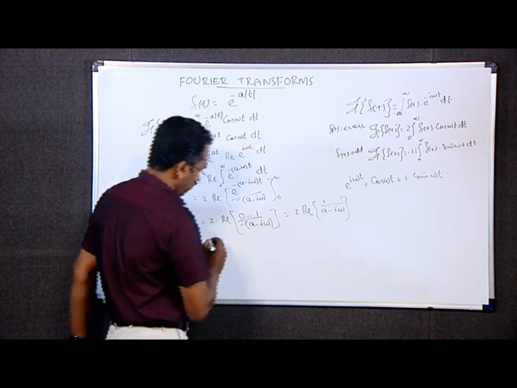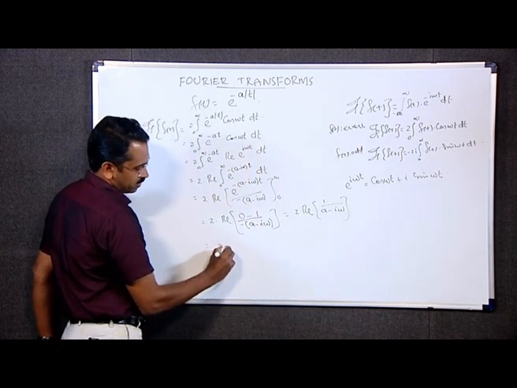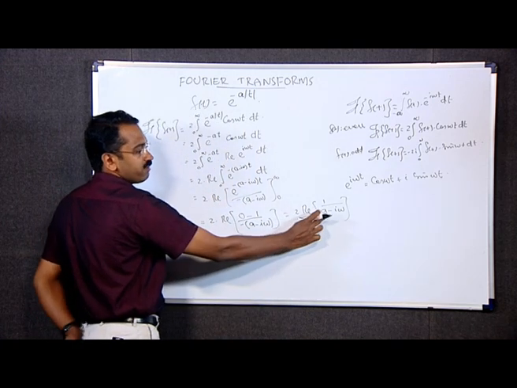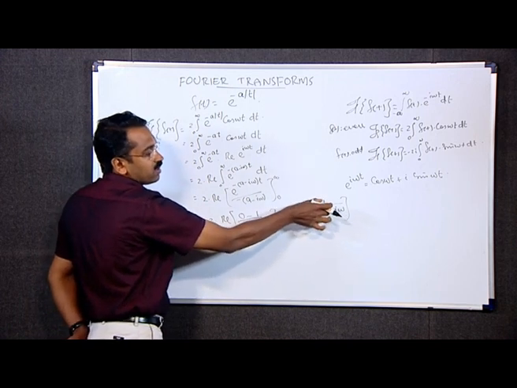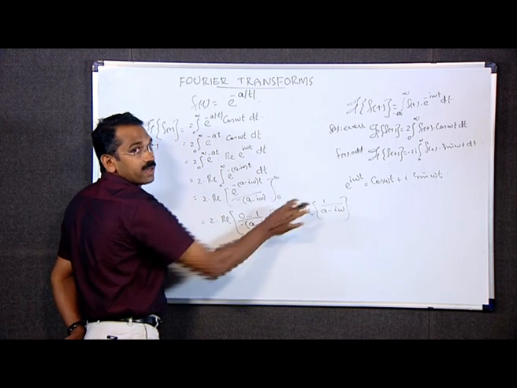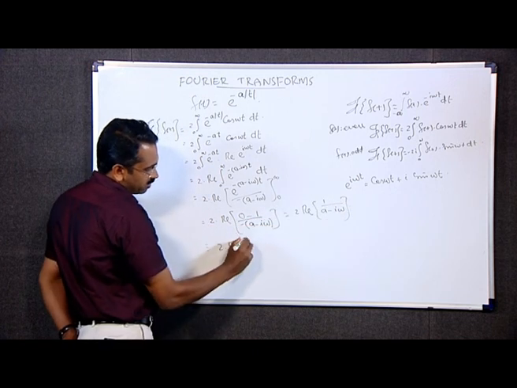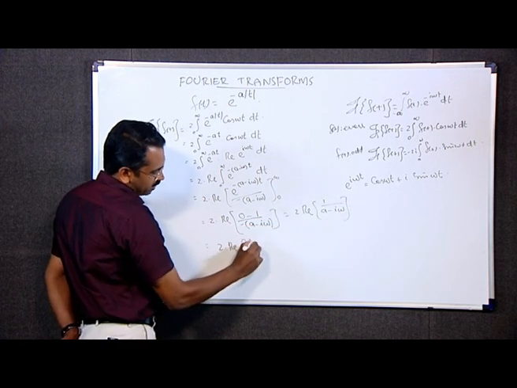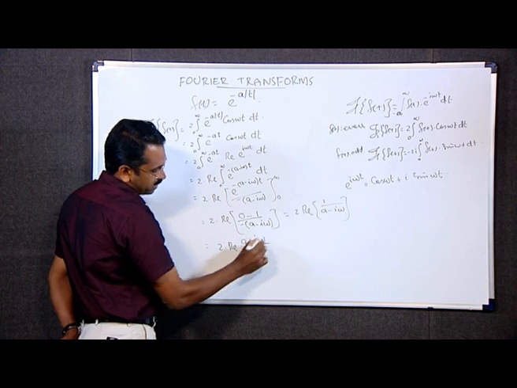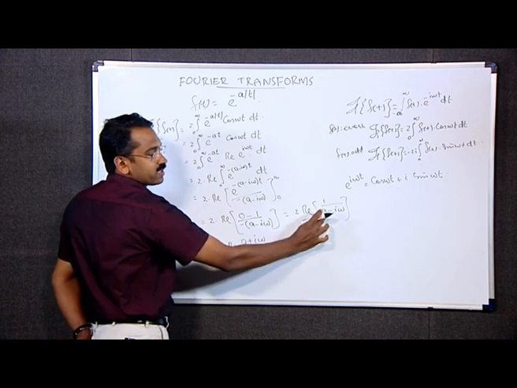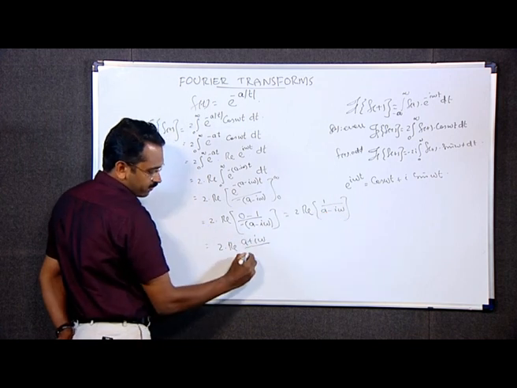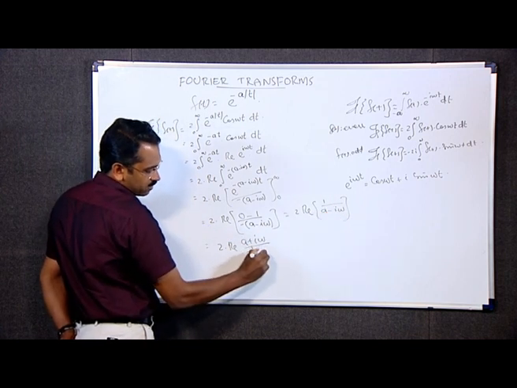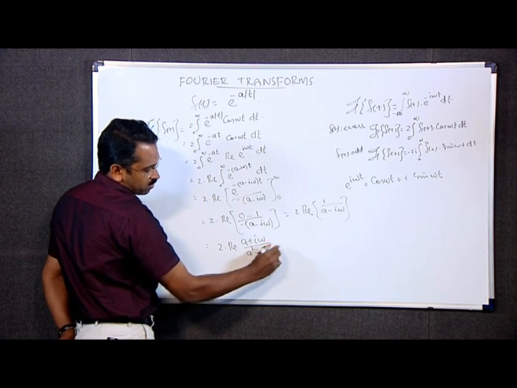That is equal to 2 times the real part of, we have to multiply the conjugate of (a minus I omega) both in the numerator and denominator. We get (a plus I omega) divided by, in the denominator, (a plus I omega) into (a minus I omega), which means a square minus I square omega square.